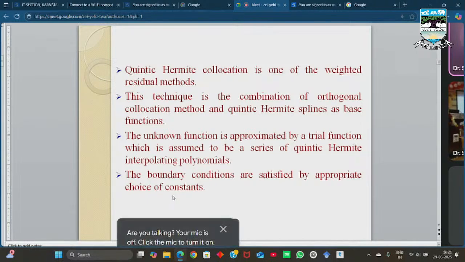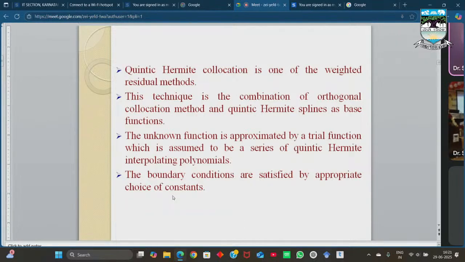The reason being, as the quintic-Hermite splines interpolate the function as well as its first and second order derivatives, therefore the boundary conditions are also interpolated in the Hermite splines, whatever we take. However, this is not possible in case of these other splines. There we have to adjust the boundary conditions. So in case we apply the Hermite splines, we follow usually interior collocation.